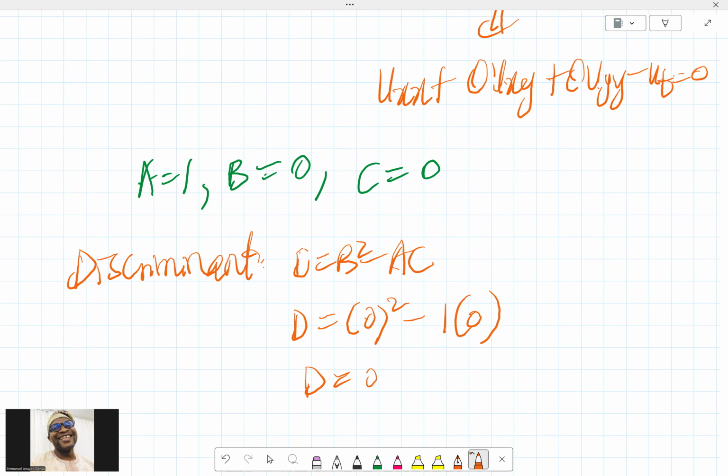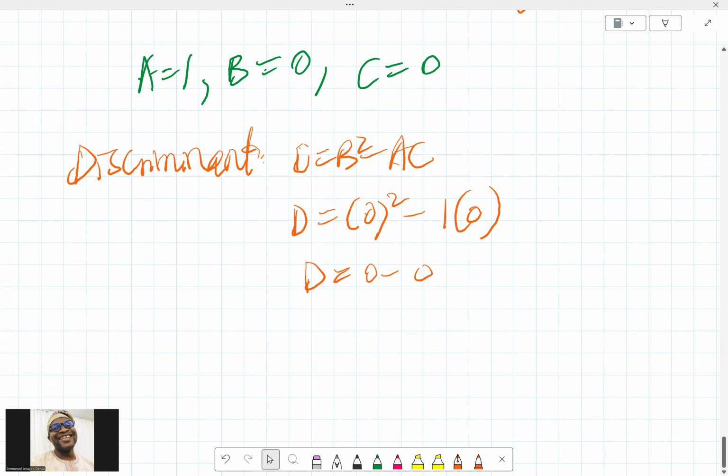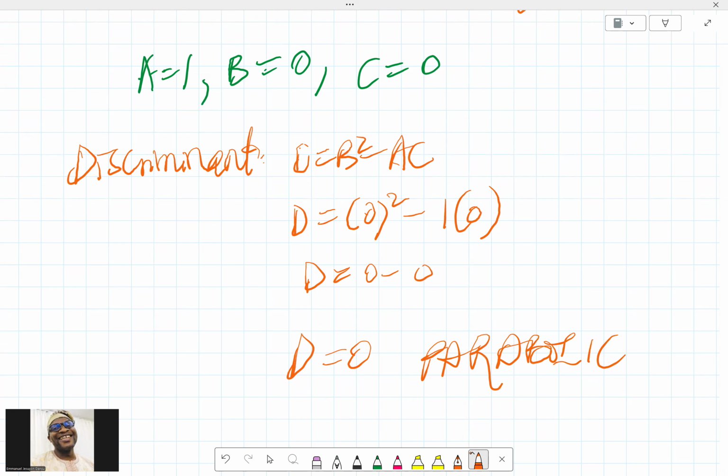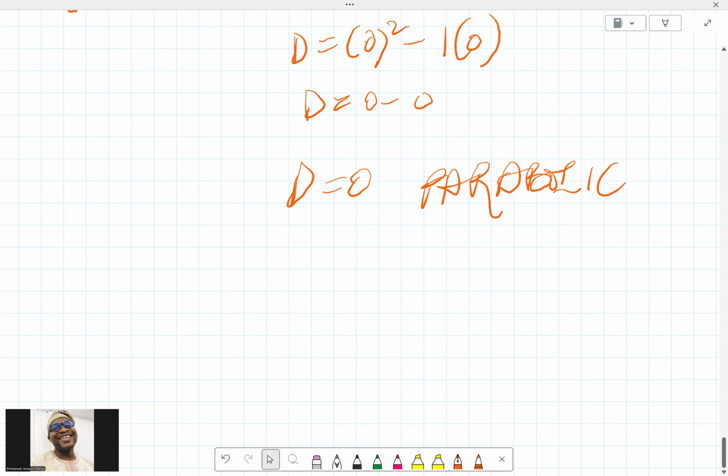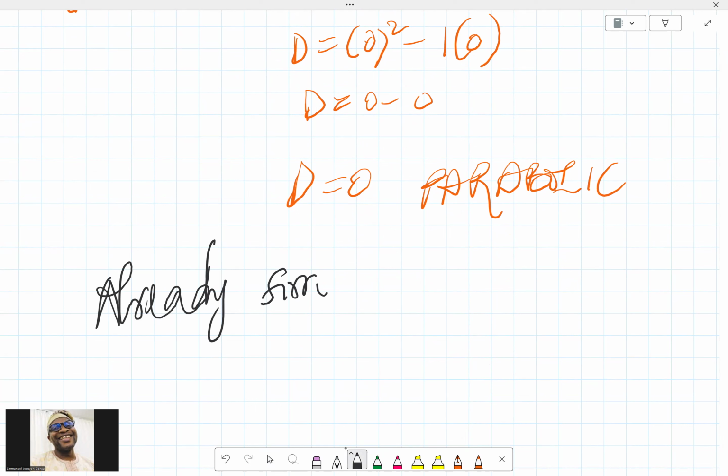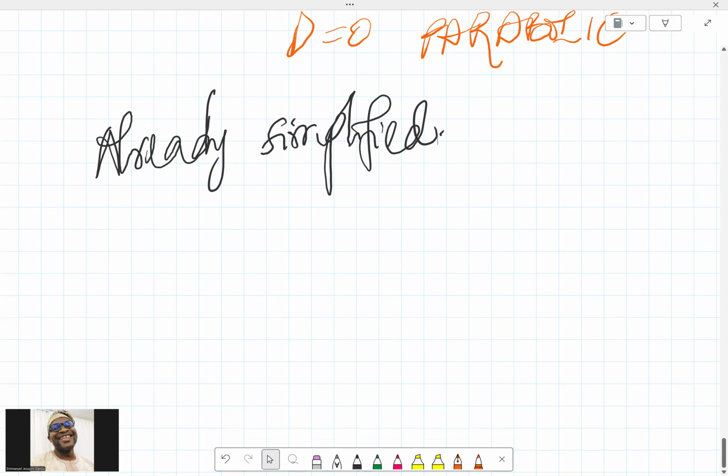So D is equal to 0 minus 0, so D is simply 0, and that is parabolic. So in that case, the way it is, it is already simplified.